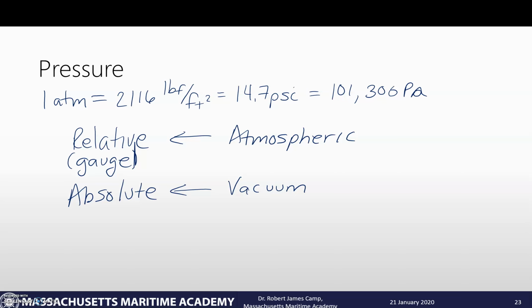If you went to Denver, which is a lot higher in the air, the pressure there is about 8.7 psi. So the gauge pressure of 0 in Denver and the gauge pressure of 0 at sea level would be the same gauge pressure, but they would have a different absolute pressure.